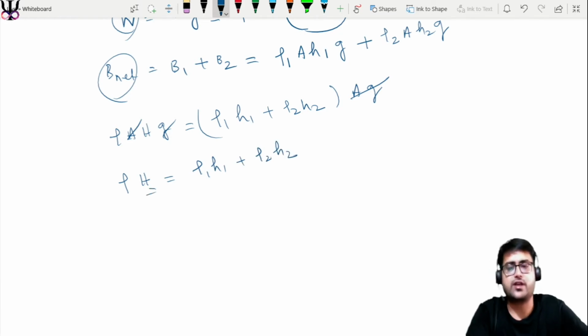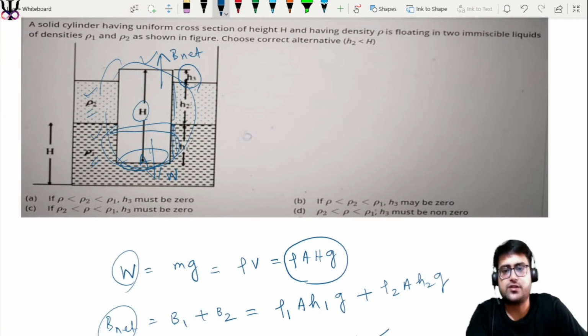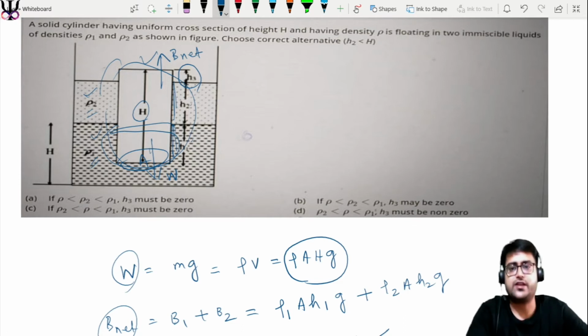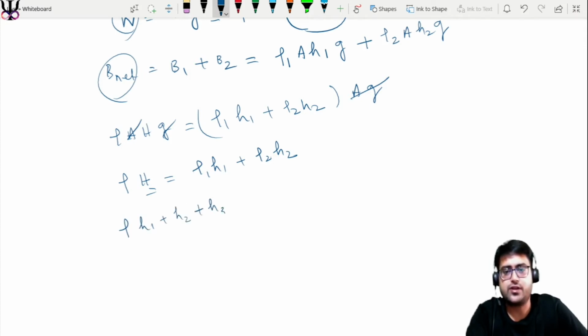But then look carefully at this H in the question. The total height of the object is divided into three parts: H1 plus H2 plus H3, right? So H is H1 plus H2 plus H3. So let's write rho times (H1 plus H2 plus H3) equals rho 1 H1 plus rho 2 H2.